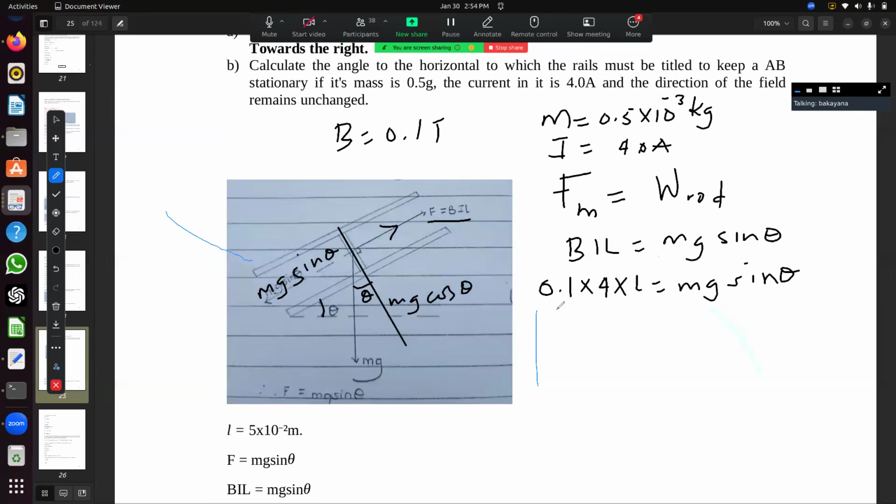So this was our diagram. If the length is given, the magnetic flux density, the current, the length, m, g, then we can get theta. We can always get theta. I don't know why I didn't include the length in the question, but in the working, it is there.